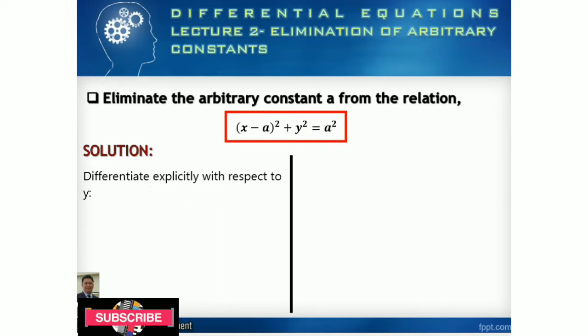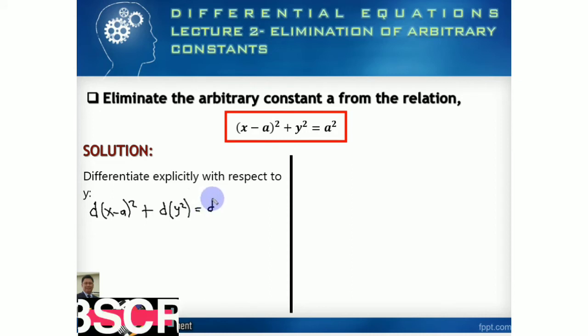So proceeding with this, we take the derivative of (x minus a) squared, plus the derivative of y squared, and then the derivative of a squared.